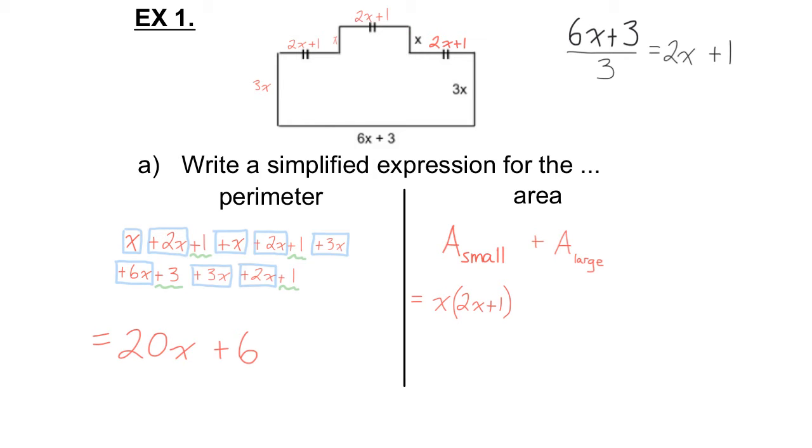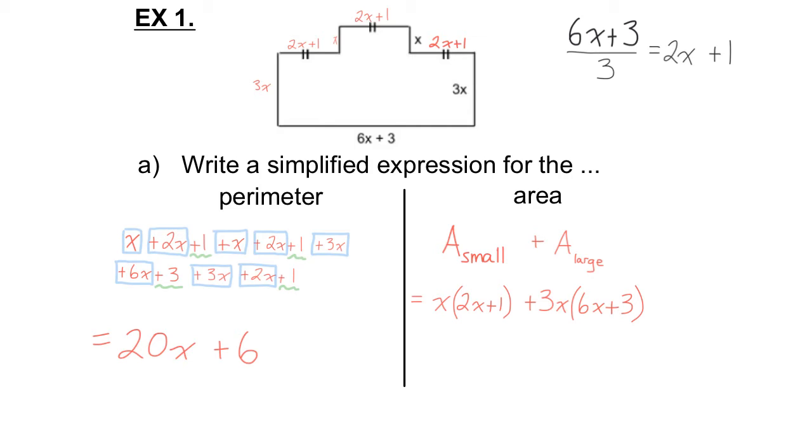The area of the large rectangle is again length times width, so it's 3x times 6x plus 3. So here we have an expression for the total area: x times 2x plus 1 plus 3x times 6x plus 3. And we need to simplify that expression.